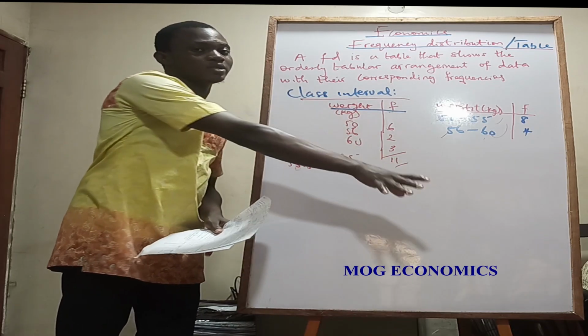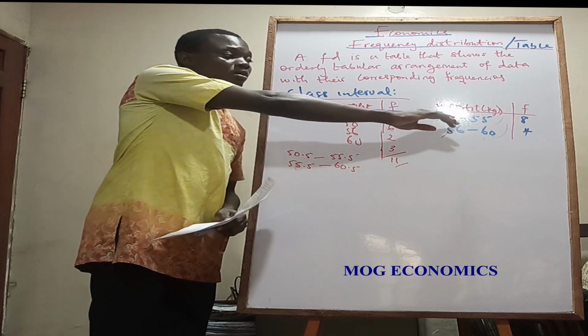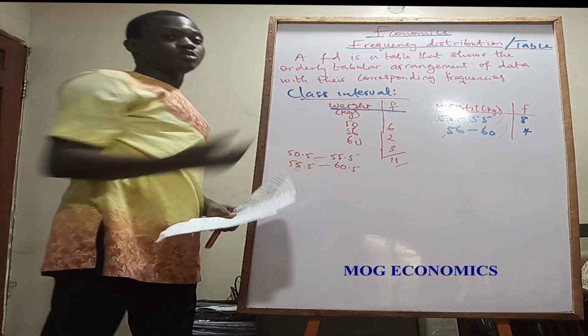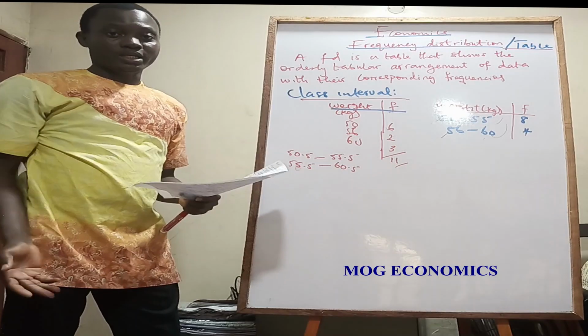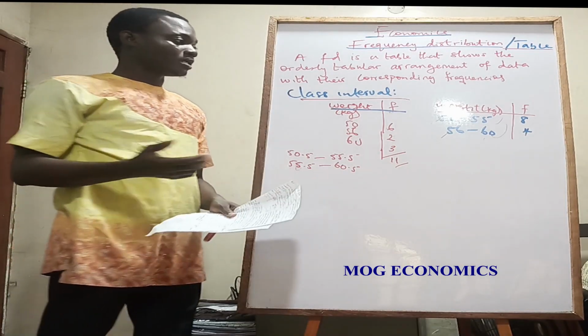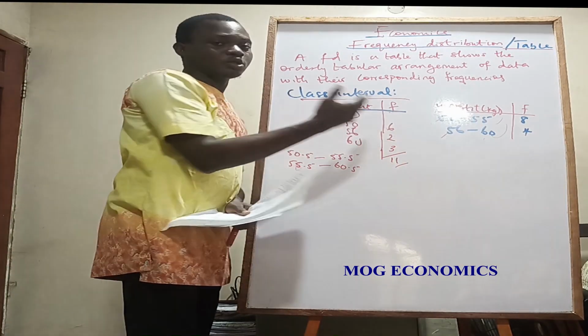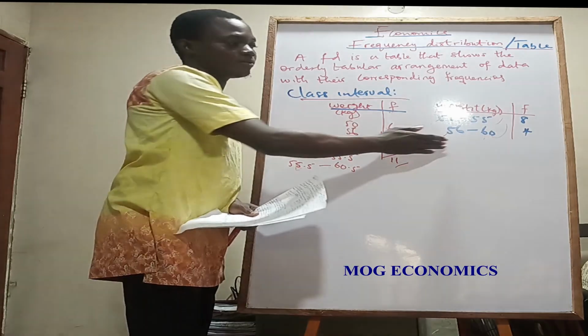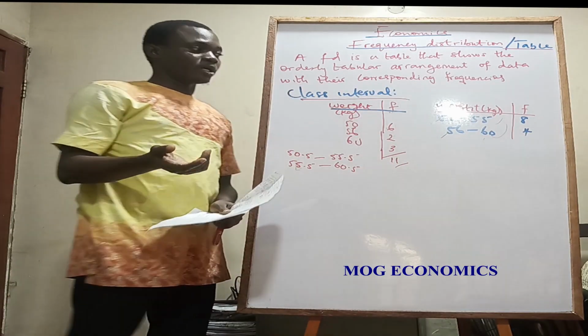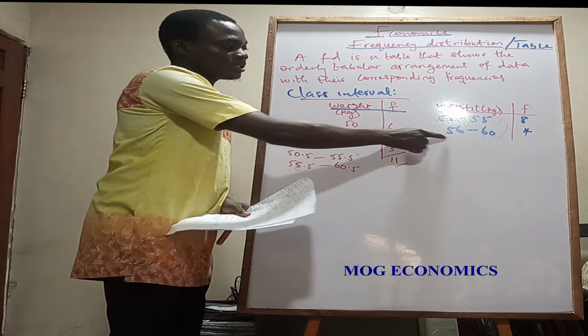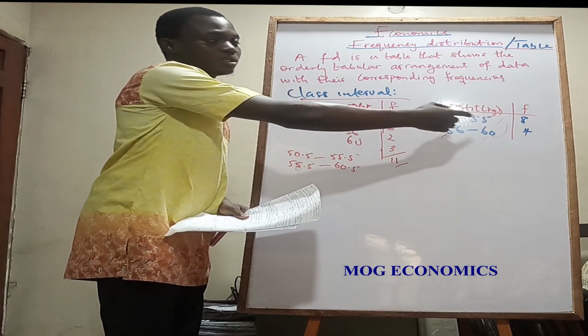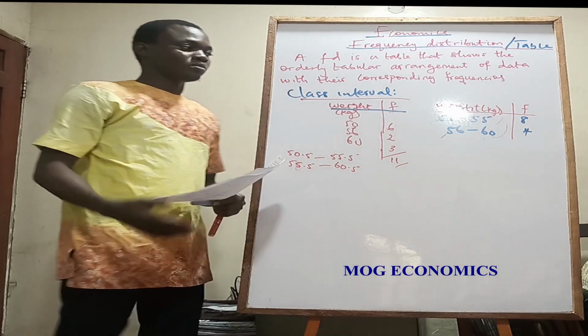For class intervals in the beginning, there's a rule: the differences should be the same, just to make your work easy. For example, 55 minus 51 gives us 4, and 60 minus 56 is still going to give us 4. If you continue, the next one is going to be 61 to 65, and on and on like that.